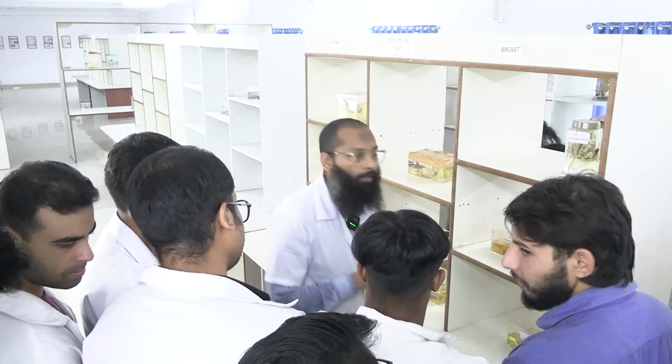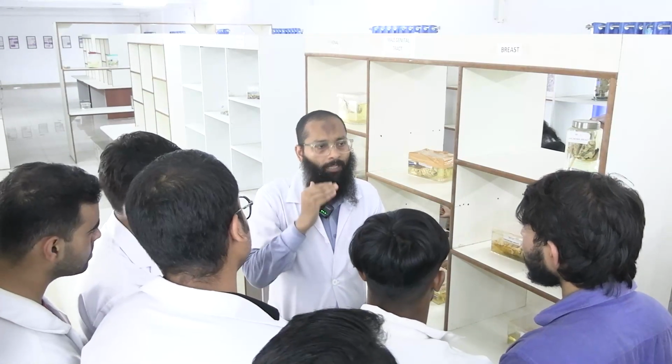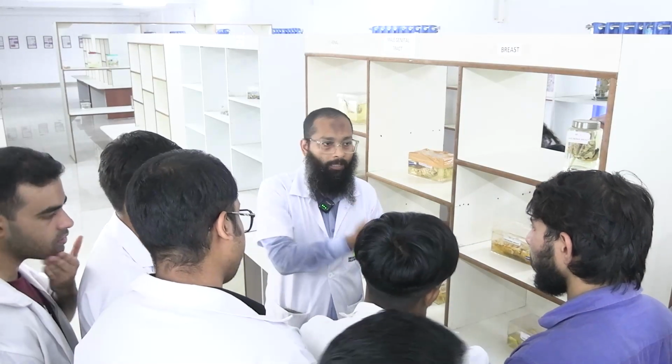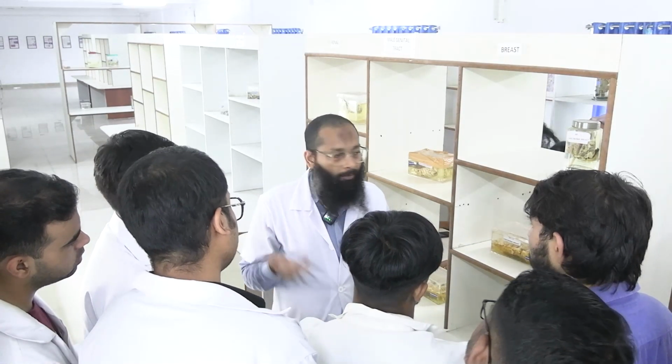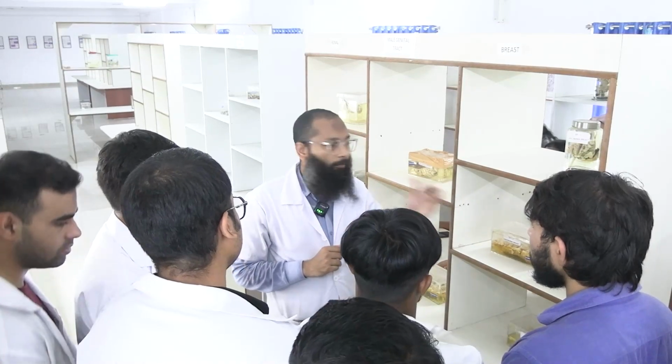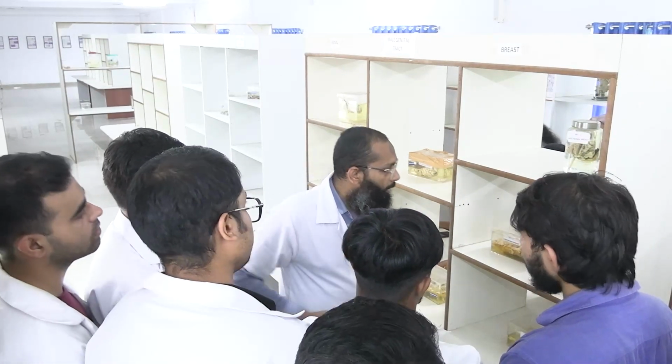Then the tissue is cut in very thin sections, in microns, 3 to 5 microns, then it is stained and observed under the microscope. So this is the whole process of examination.